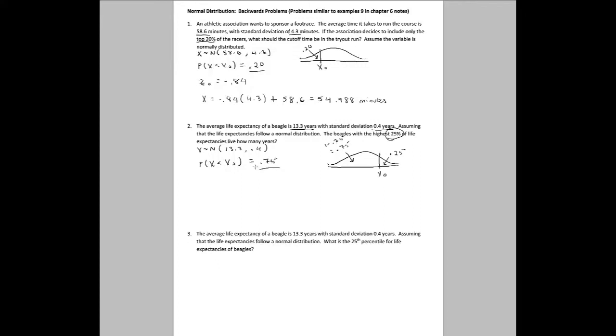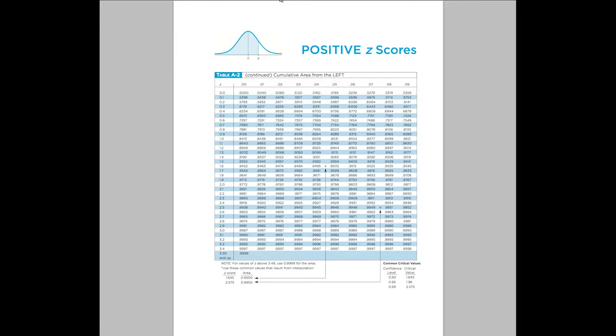So now I need to look up 0.75 on my table and find the Z naught value. So 0.75, this is the closest right here, 0.7486. It's a little closer than the 0.7517. So my Z value is 0.67.